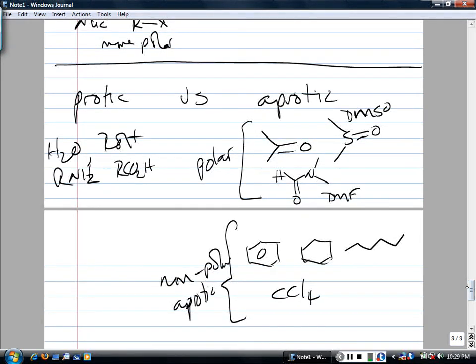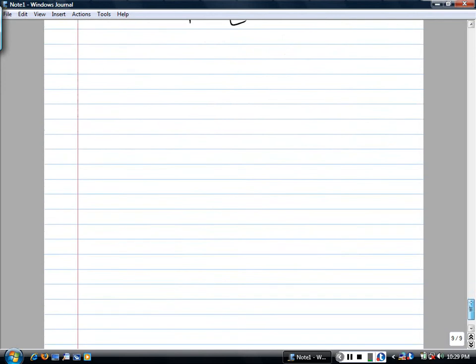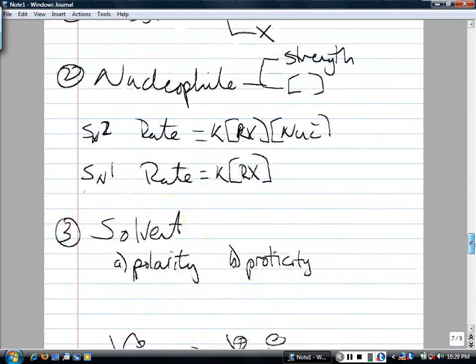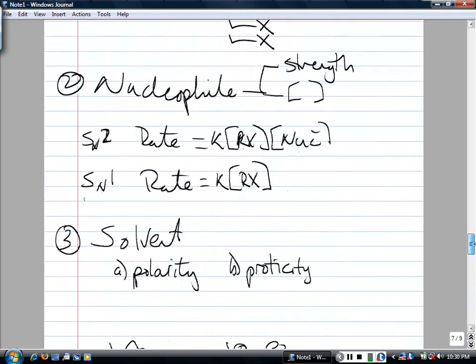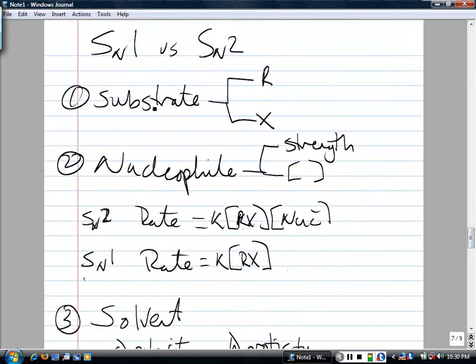So what role does a solvent play in the partitioning of a reaction between SN1 and SN2? And it's a point I didn't make earlier, which I need to make now. If you notice how we listed our factors, we said the substrate was the first factor, nature of R was first, nature of X, nucleophile, strength and concentration, and then solvent. Those factors are listed in descending order of priority.